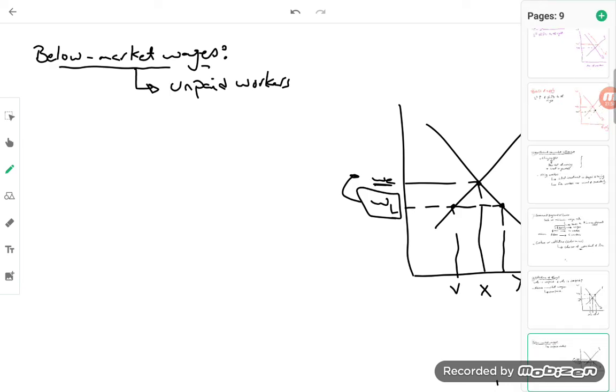Another application is economic rents. What's economic rents?